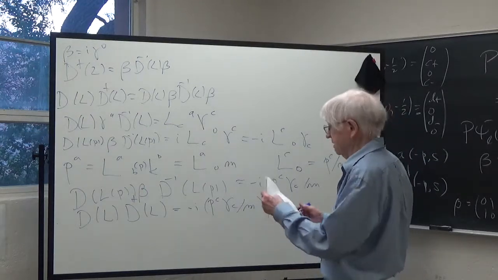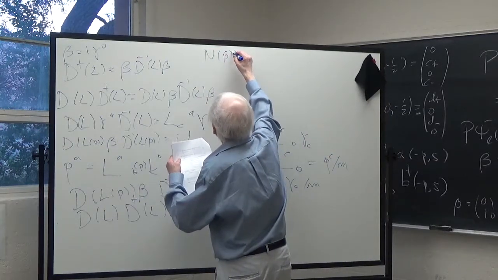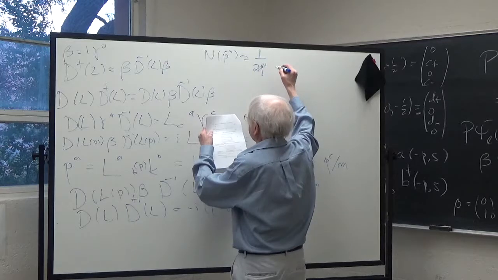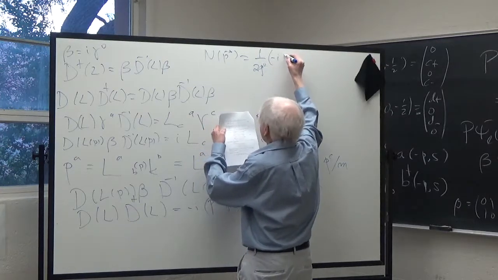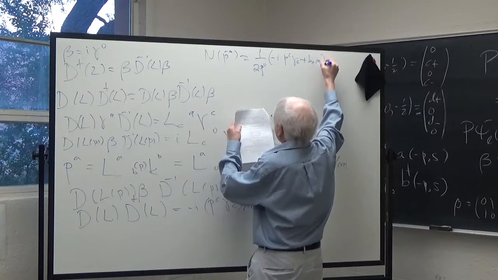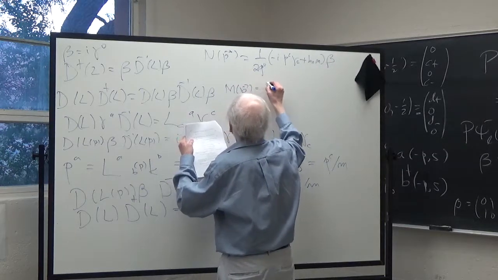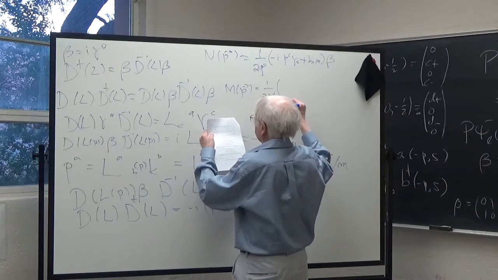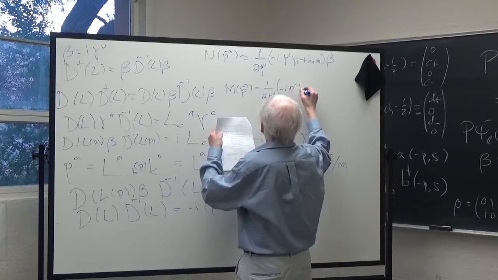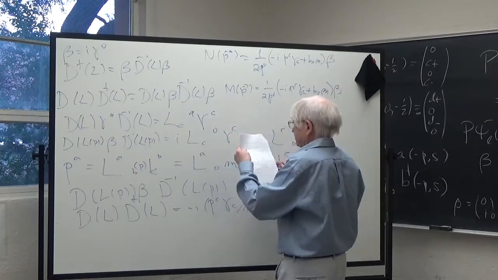And so now we get our formulas for N of P, namely 1 over 2P0 times minus I PC gamma C plus BUM, beta, and M of P is 1 over 2P0 times minus I PC gamma C plus BVM, beta.